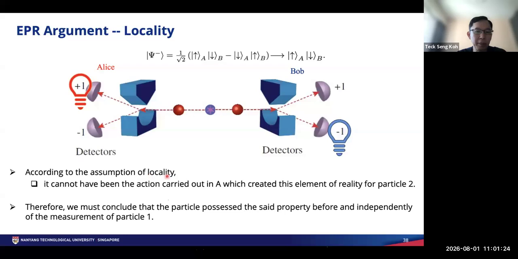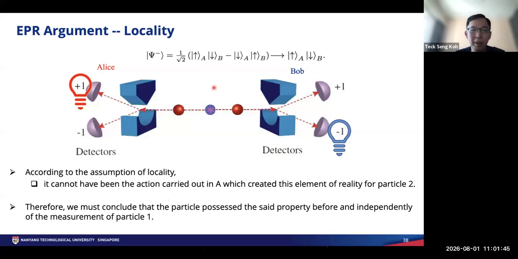But according to the assumption of locality, if you place these two apparatus far enough, because Einstein developed the theory of relativity, where no signals can travel faster than light.